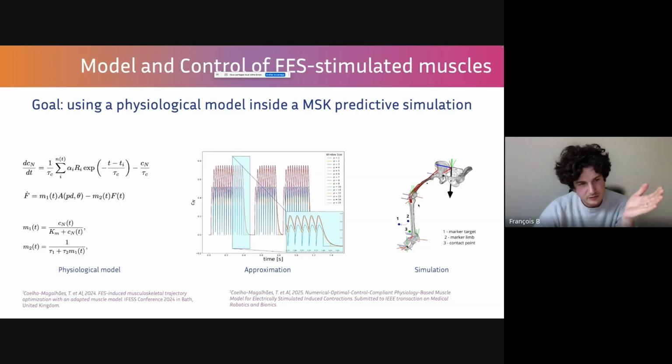But this type of model is not developed to be used in optimal simulation with numerical optimization, etc. So we had to make quite a lot of adaptations to be able to run that type of model.